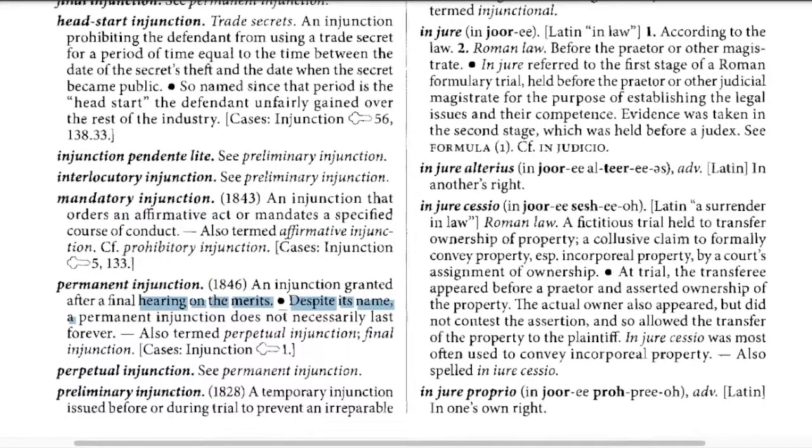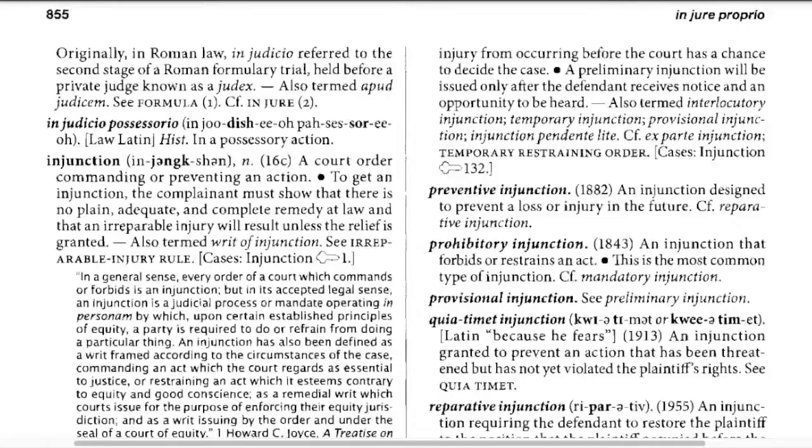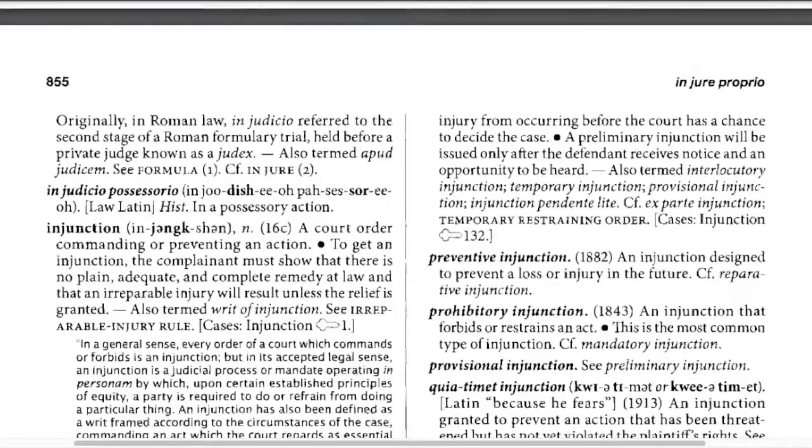Let's see, permanent injunction does not necessarily last forever, just by its name. It's granted after a final hearing on the merits. From 1846. Perpetual injunction, see permanent. Preliminary injunction: a temporary injunction issued before or during a trial to prevent an irreparable injury from occurring before the court has a chance to decide on a case.